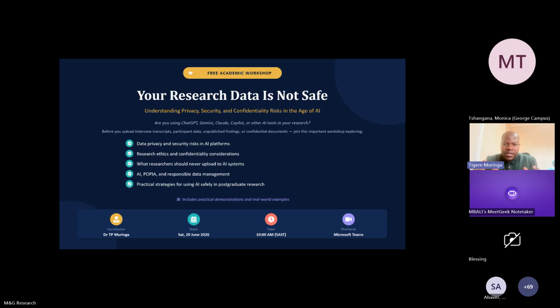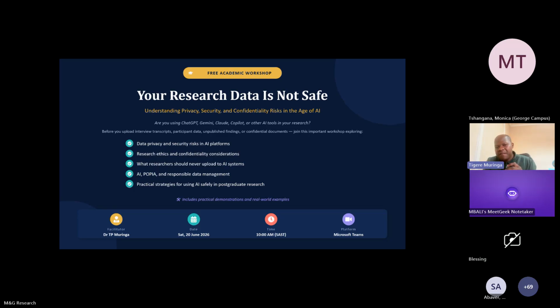So in conclusion, colleagues, researchers should not fear AI, right? But they must stop treating AI platforms as private notebooks. Those platforms are not private, right? What do I mean?